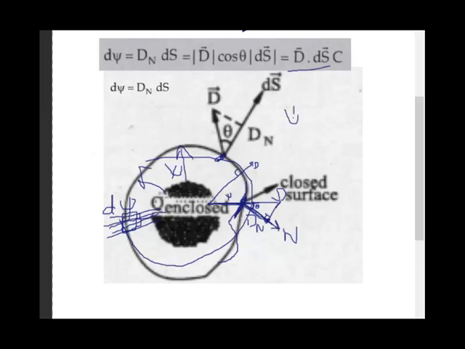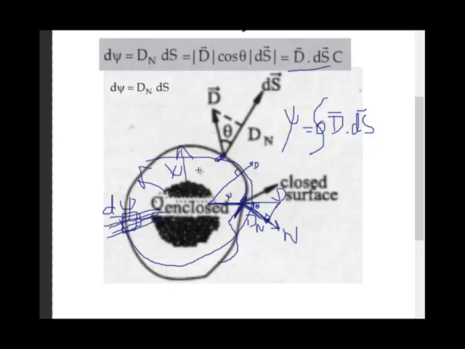So if I integrate dψ, that is D dot ds, over the closed surface, I can get the complete flux psi.